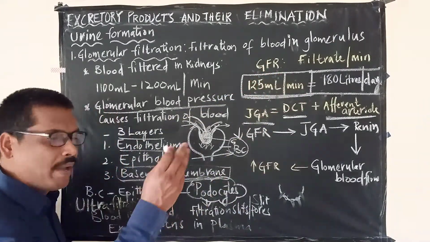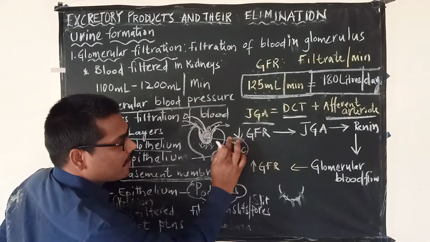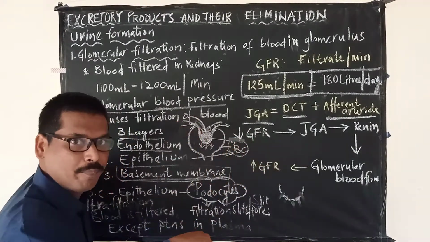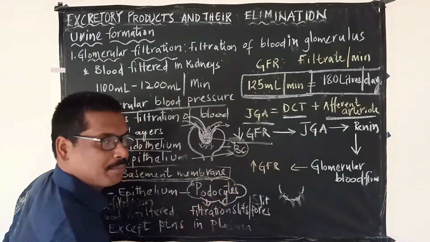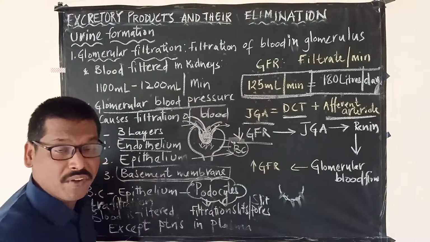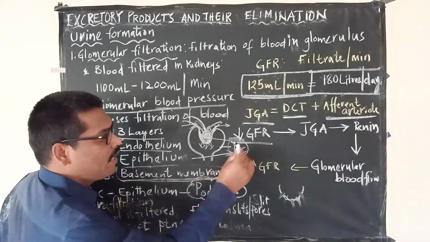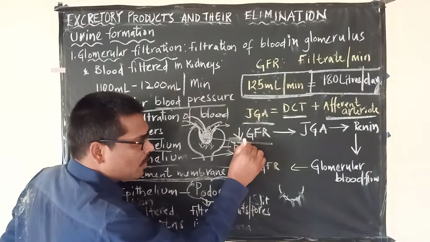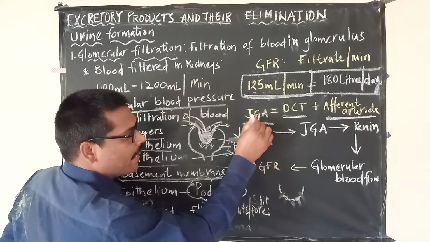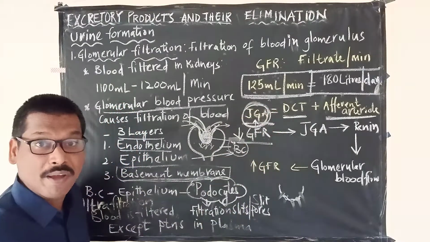So now, based upon that, whenever there is decrease in the glomerular filtrate rate, whenever there is fall of glomerular filtrate rate, means what? Whenever the filtrate is not formed about 125 ml per minute, if it is decreasing, immediately the fall in glomerular filtrate rate is identified by what now? The juxtaglomerular apparatus.